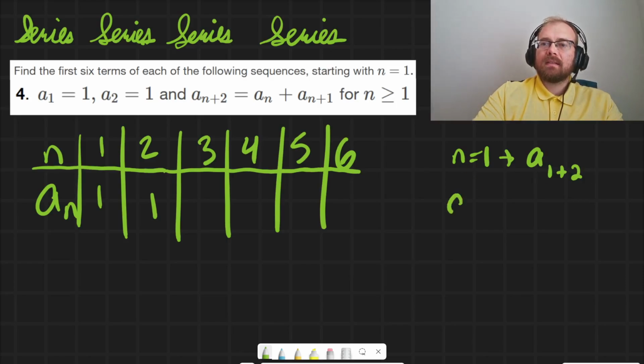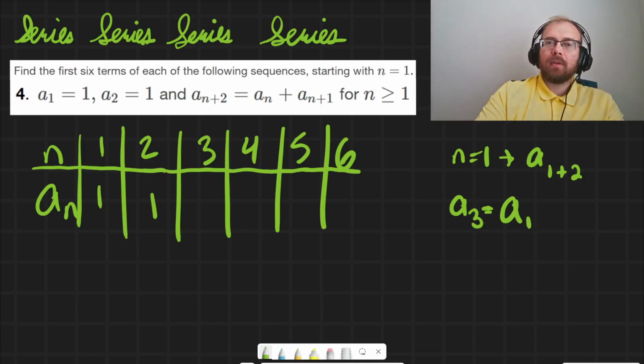So that's a sub 3 is equal to, now we're plugging in 1 for n, so that's a sub 1, just following the formula here, plus a sub n plus 1. So a sub 3 is equal to a sub 2 plus a sub 1.